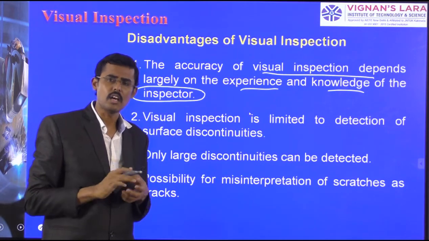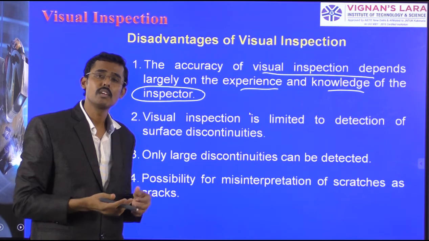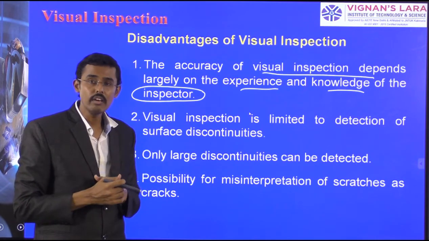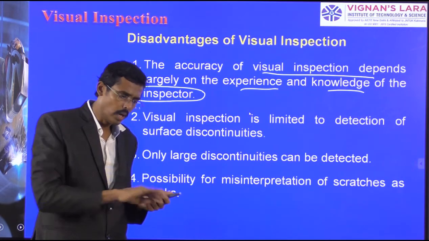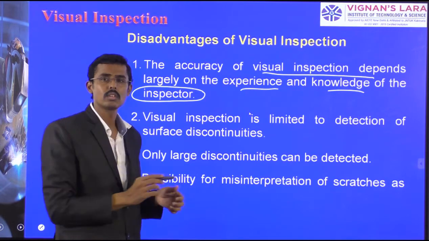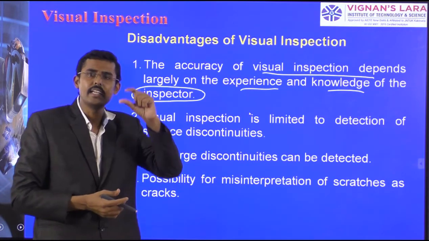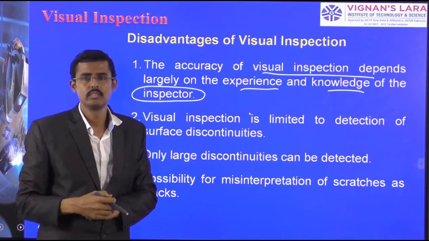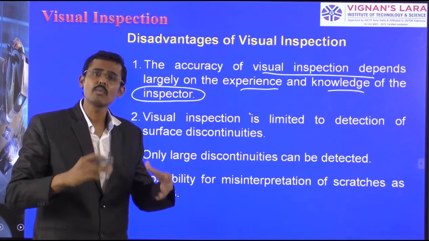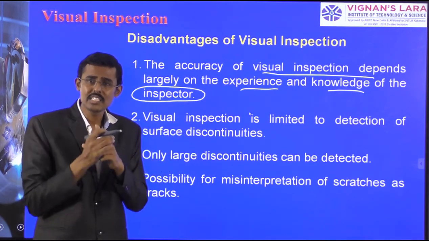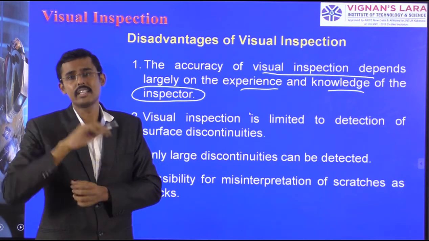If the inspector does not have experience, he will reject everything. Even a small bump in a weld cap will be considered a defect. The cap height maximum is 1.5. If it is less than 1.5, we can accept it, and less than 1 we can accept the cap height.